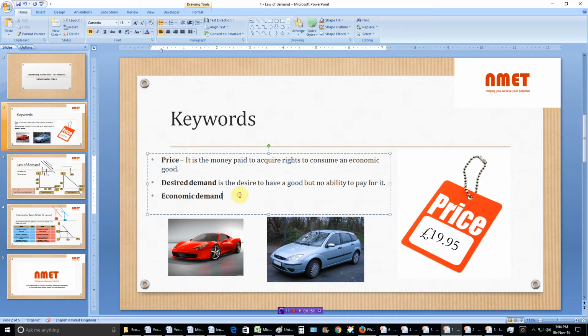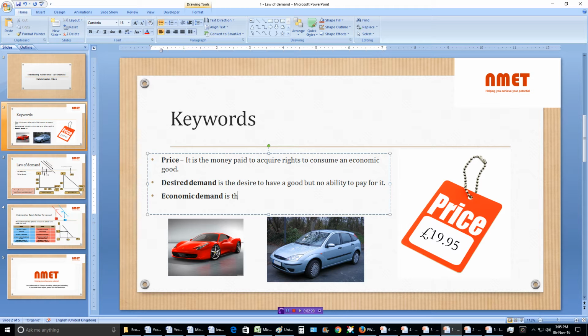On the other hand, the economic demand. What do you think is economic demand? Something that you want and can afford. Absolutely. Economic demand is something you want to have and you can afford. I've put down a picture of a Ford Focus, probably my current driving car.